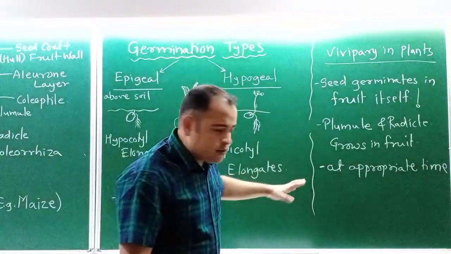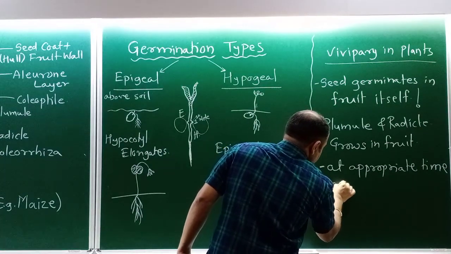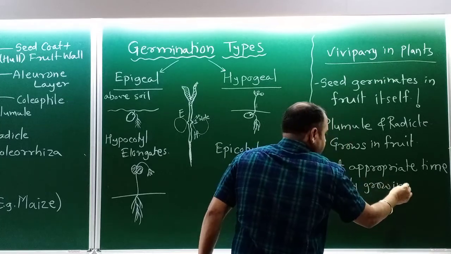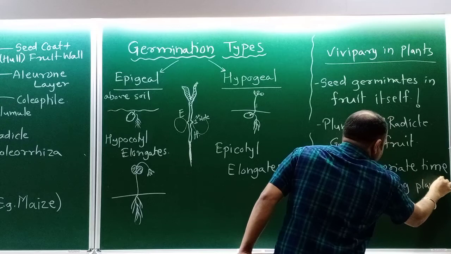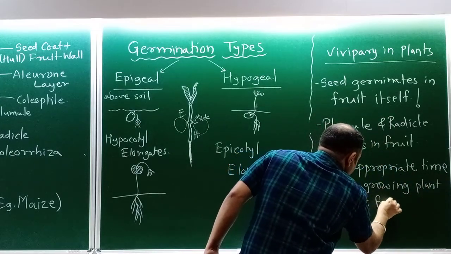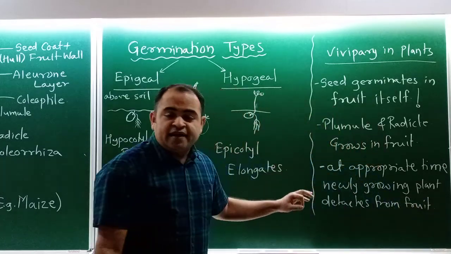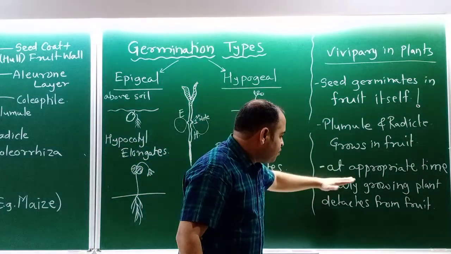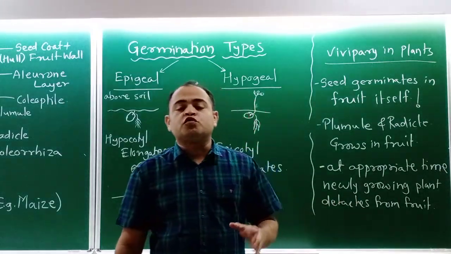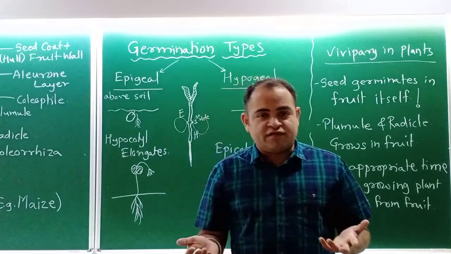At the appropriate time, the newly growing plant, which is growing from the fruit, detaches from the fruit itself and it will fall down and it will establish itself.